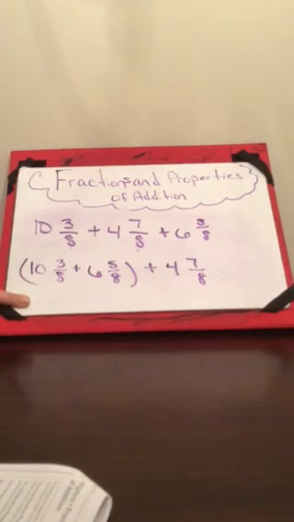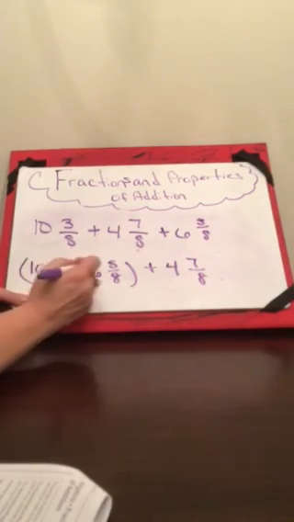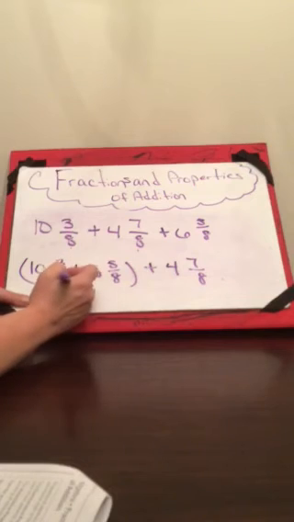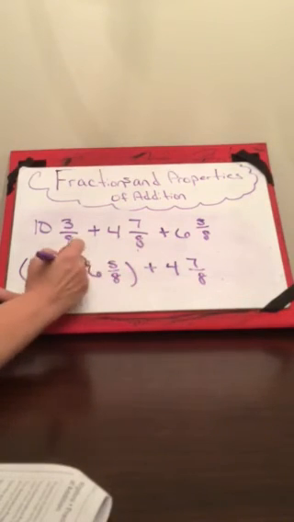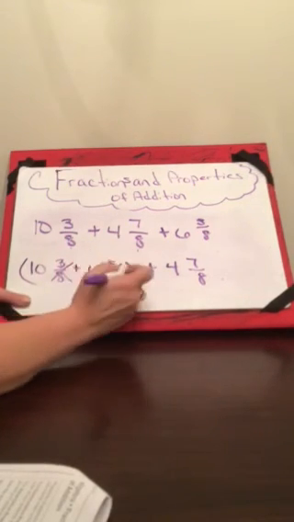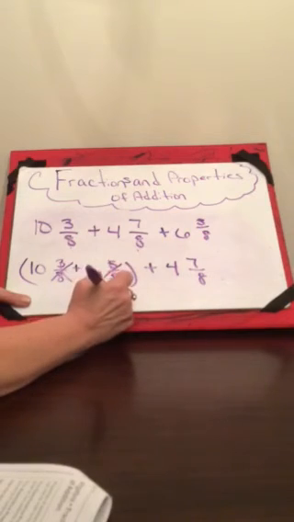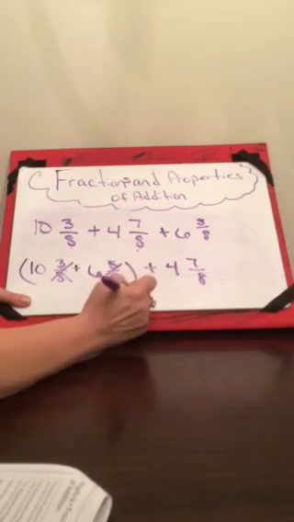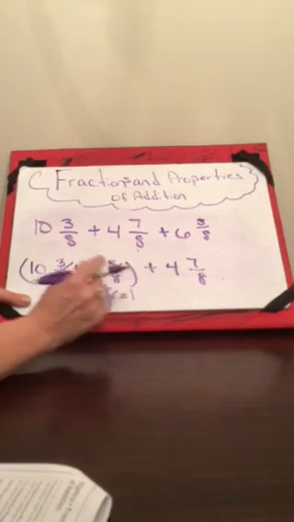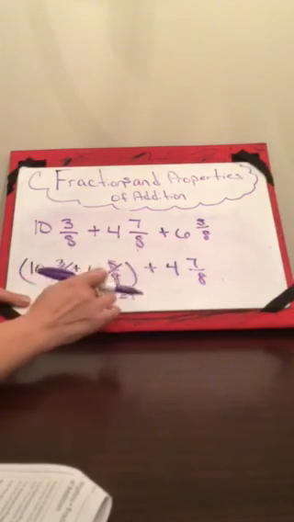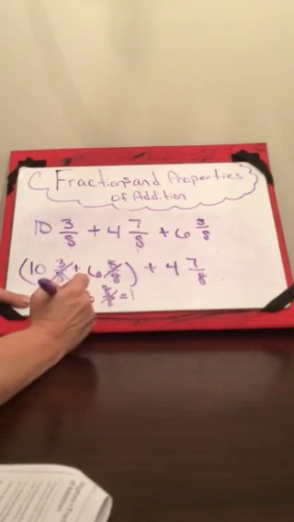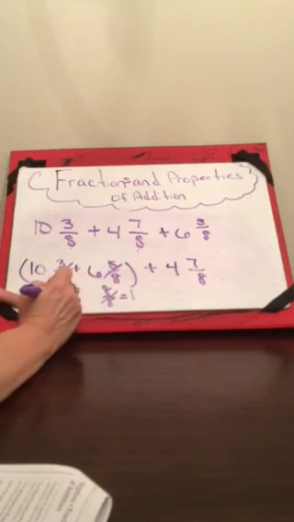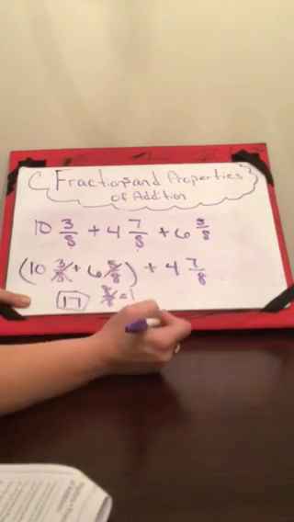So I'm grouping this, and I'm going to make this easy on myself. 3/8 plus 5/8 is 8/8, and I like to do it this way, or 1 whole. Okay? I know 10 plus 6 is 16 plus 1, and I would get an answer of 17. 17 wholes.